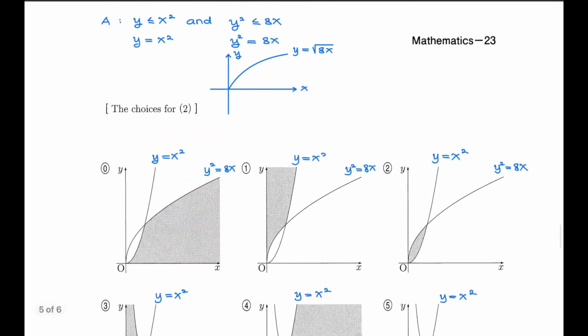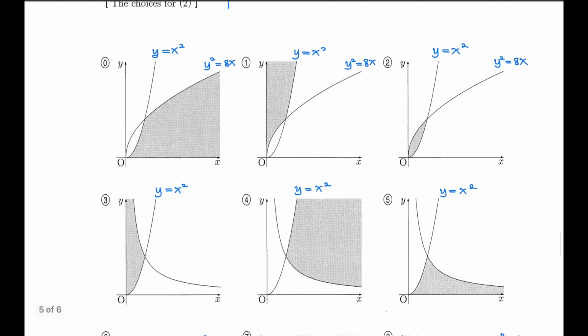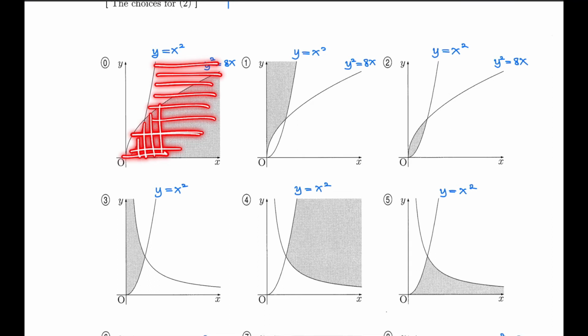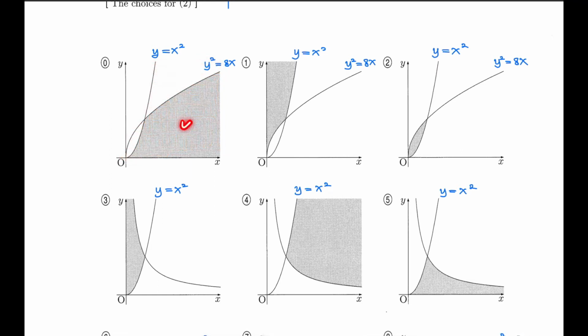And then y squared less than or equal to 8x. Since it is less than, I also shade the region below the graph. If you imagine this and this, the region which is the intersection of those two shaded regions is this one.